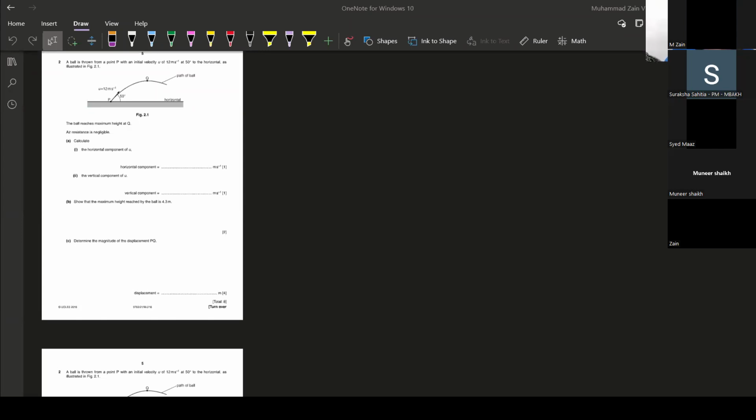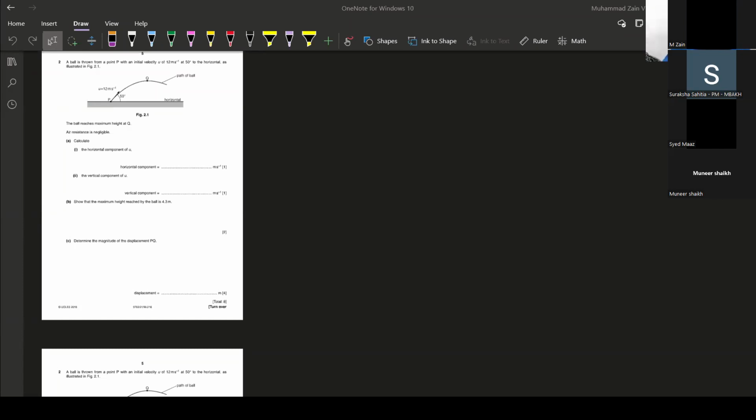Okay, so is the screen visible to everyone? Is the screen clear? Like is the resolution fine? Do let me know if at any time during the session the resolution goes a bit low, because sometimes it happens.